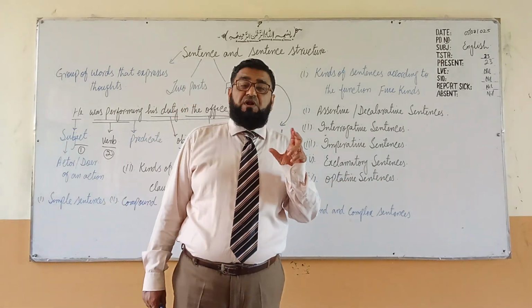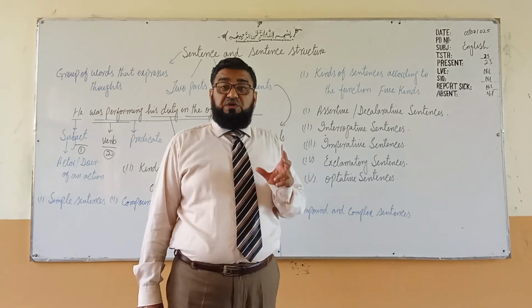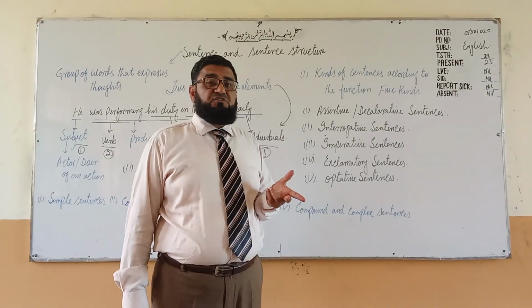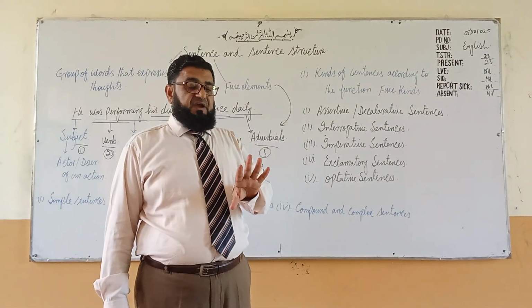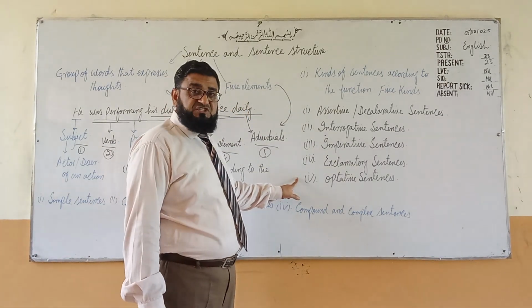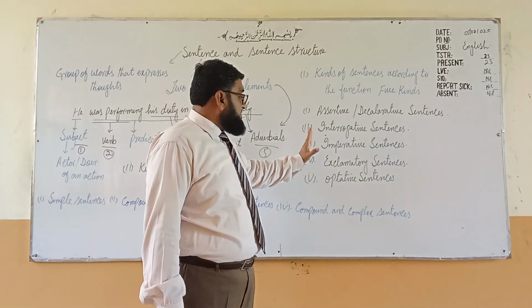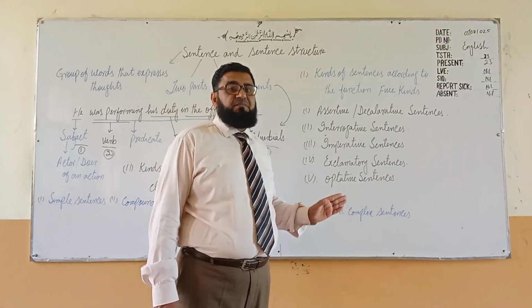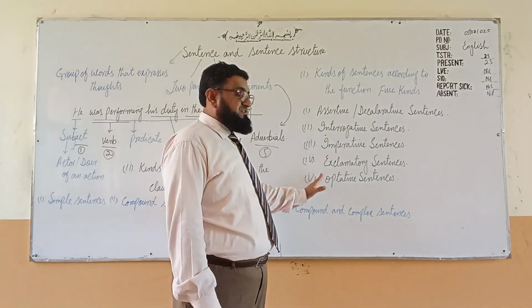Here is another burning question: what are the kinds of sentences according to function? Keep in mind, there are five kinds, and these are assertive, interrogative, imperative, exclamatory, and optative sentences.